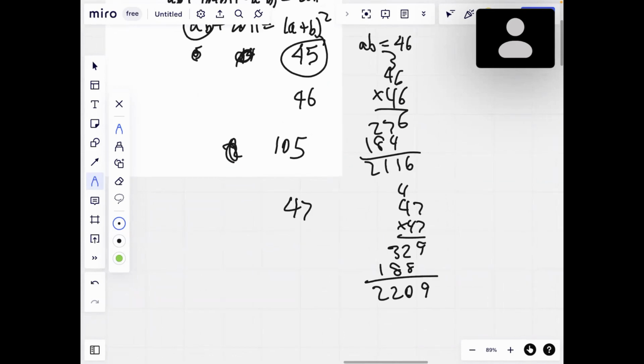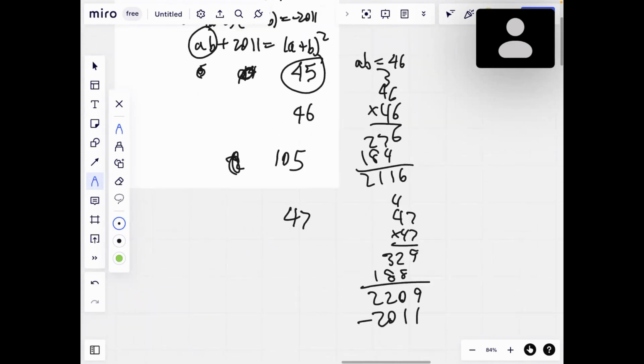And 2209 minus 2011 is equal to 198. And so we basically need to find two integers that have a product of 198 and sum to 47. So let's see. 198 is equal to 99 times 2, right? So that's 11 times 18. Nope, that doesn't have the same sum.